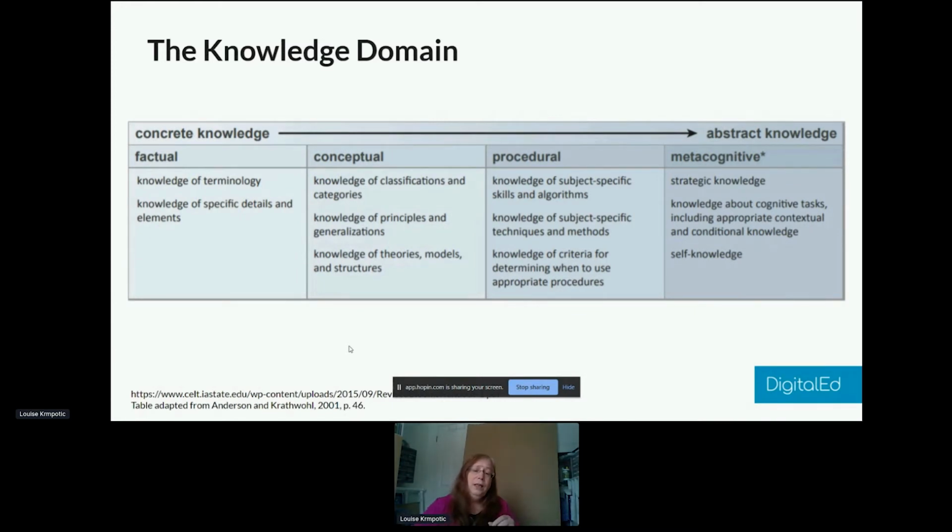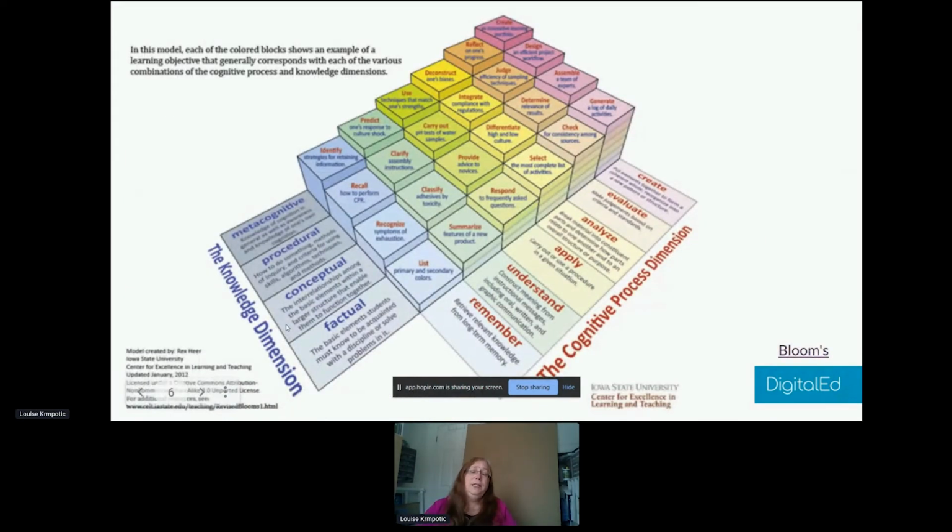I found another nice slide here from Iowa State University where they've combined those two, the cognitive dimension with the knowledge dimension. And so you can see rather than just a straight pyramid, we actually have this stepped idea of higher order thinking. And so you want to get the students from the remember and factual side up towards the create and metacognitive side.